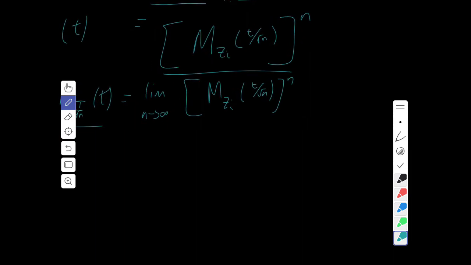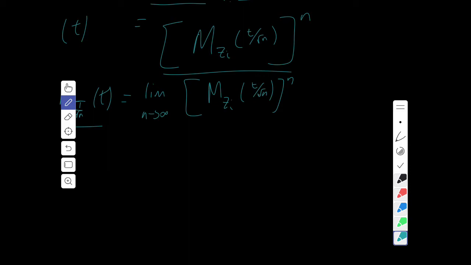Now, we do need to know our limit laws, and the way they work is you plug in the limit and see what happens, and because this is a continuous function, we can do that. So essentially, as n goes to infinity, we have this t over root n.